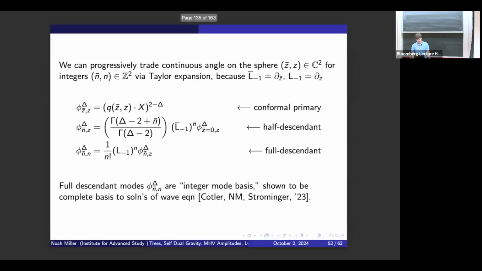Ignore this factor out front. The important thing is you can trade z bar for some integer n bar by taking progressive descendants in n bar, and then finish off by getting a full descendant in both z and z bar by taking descendants in z, L minus 1.